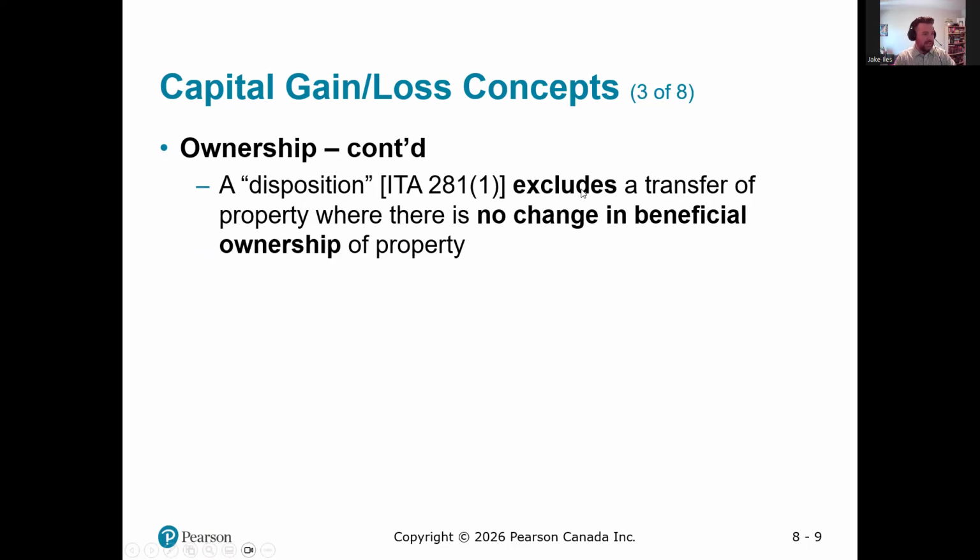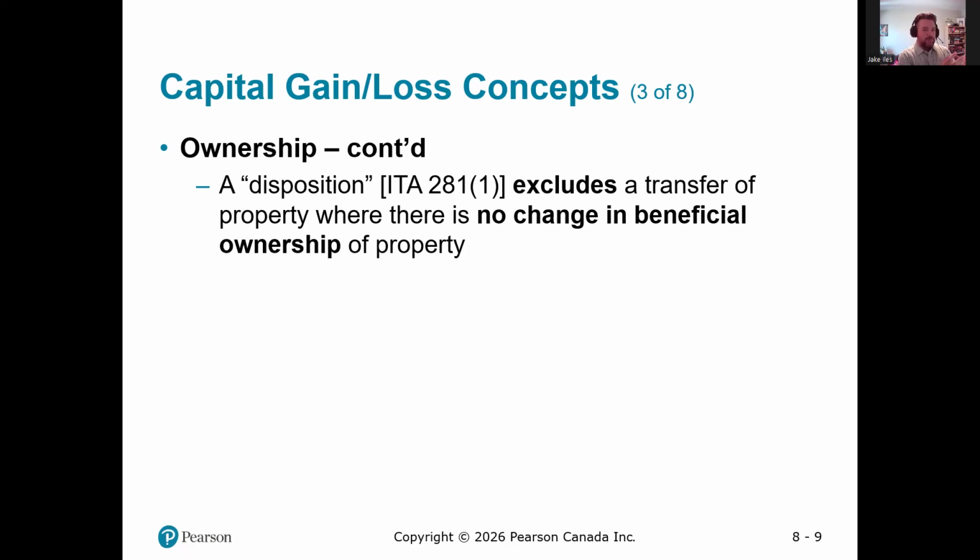A disposition excludes a transfer of property where there's no change in beneficial ownership. So when we talk about the beneficial owner, if it changes hands, that's a disposition, but if the beneficial owner has not changed, it isn't. So let's say I have a business and my business has two separate divisions. I have a manufacturing and a distribution.